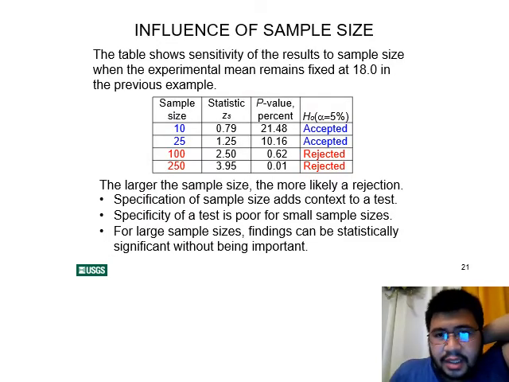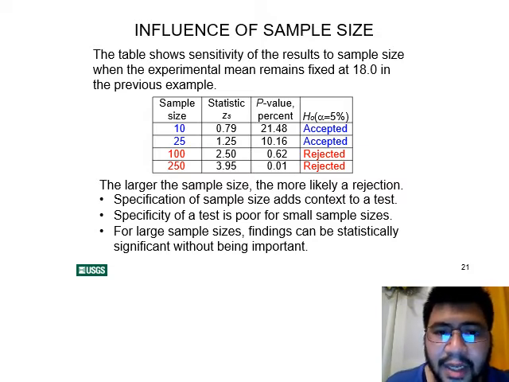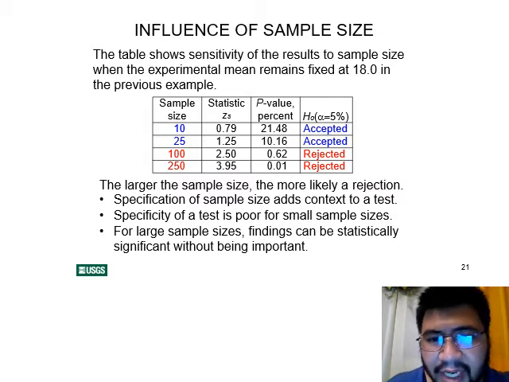Just note that the sample size can affect the acceptance of your null hypothesis. Here we have basically the same population, but different sample sizes: 10, 25, 100, 250.